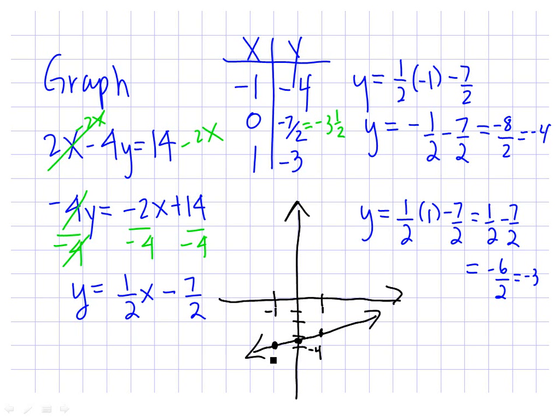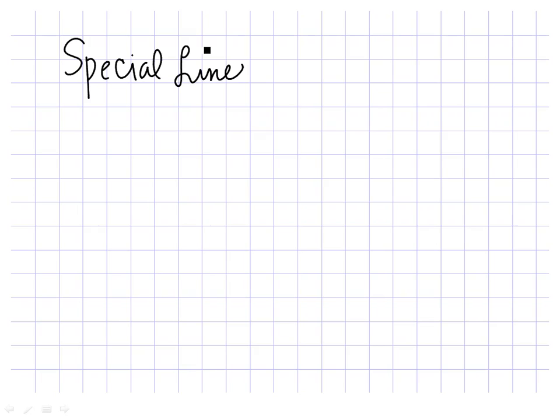So notice that the line is going up to the right because our slope is positive. Now let's look at a special line, y equals negative 4. What do we normally do to graph? We have three options again. We have the x and y intercepts way, we have the slope-intercept form way, and we have the t-table.